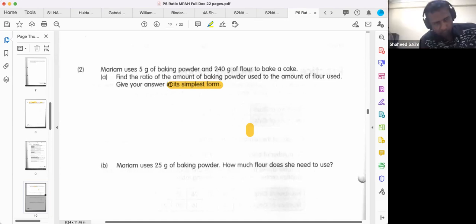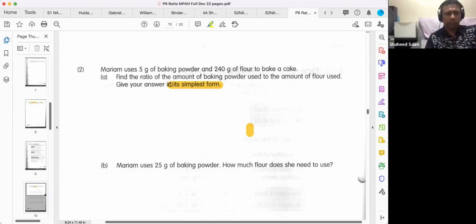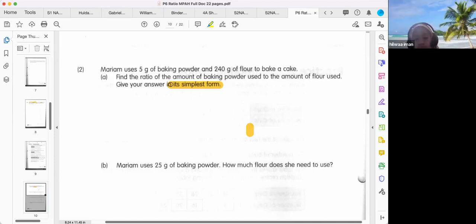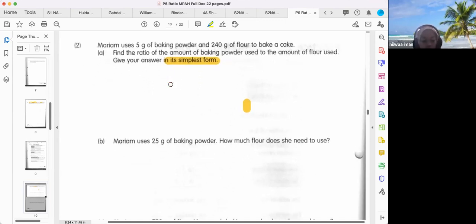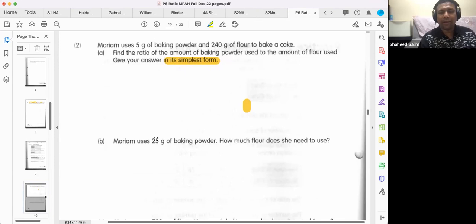It is 125 to 12,000. 125 to 25 grams to 12,000.